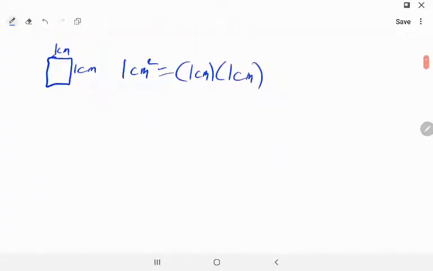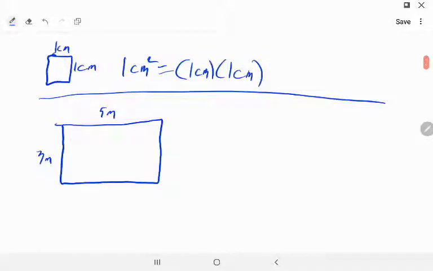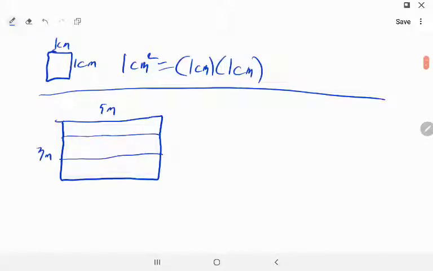So we notice that if we were going to look at something simple like a rectangle, if we were going to say this rectangle was 3 meters by 5 meters, we can imagine breaking it up as a bunch of unit squares.